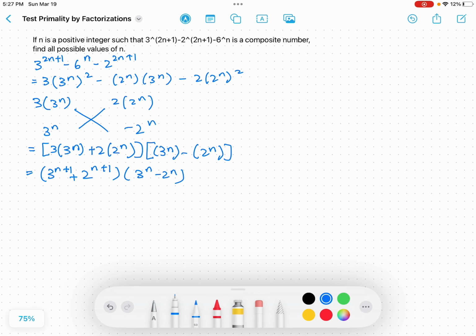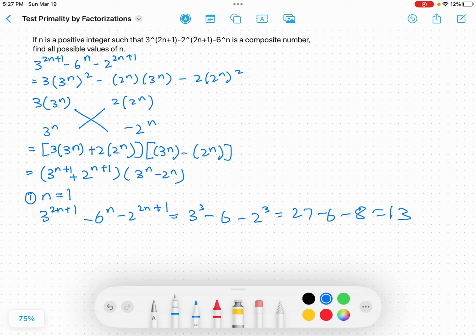We can get that the first case, when n equals 1, is going to be the only non-working case. Why? Well, notice that when n equals 1, 3 to the power of 2n plus 1 minus 6 to the power of n minus 2 to the power of 2n plus 1 is going to equal 3 cubed minus 6 minus 2 cubed. 27 minus 6 minus 8, which equals 13.